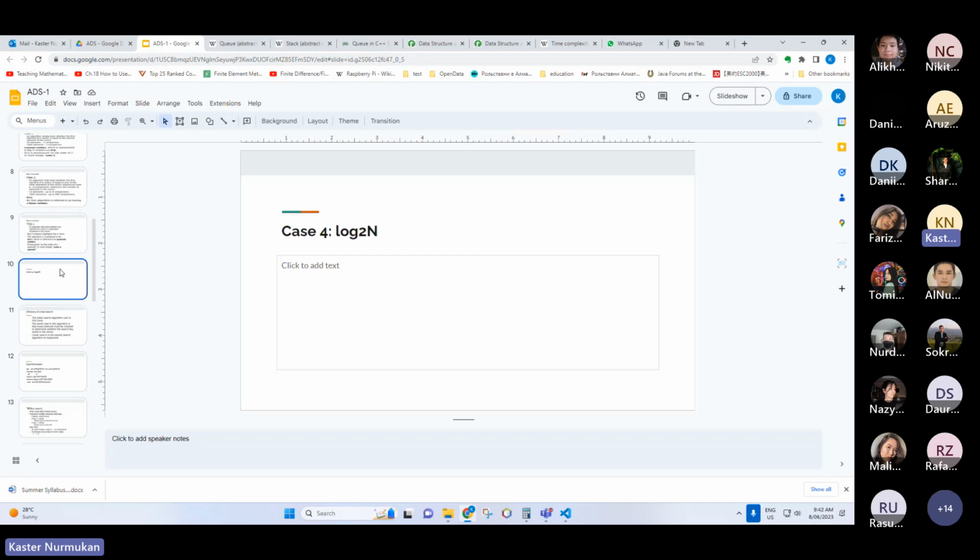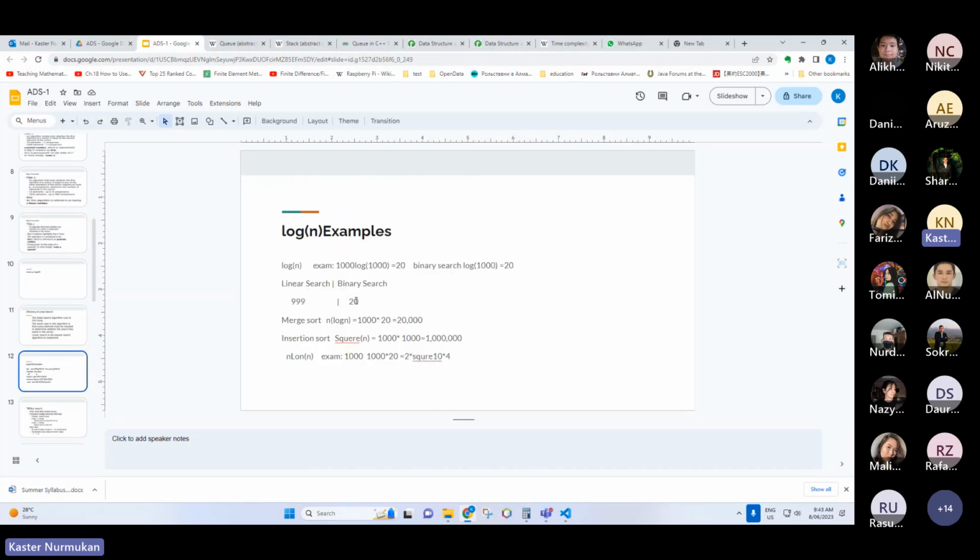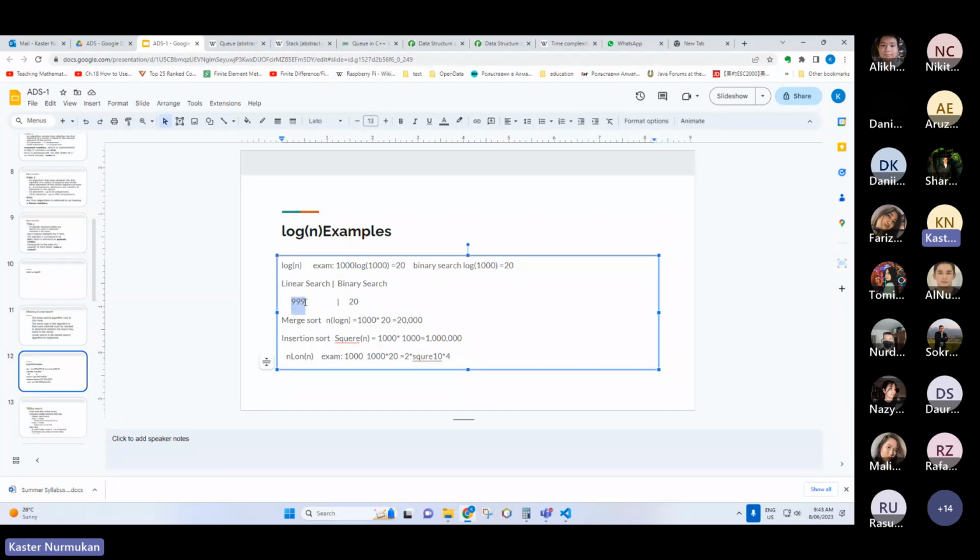The first case is log n, which is a little more efficient, better than linear time. Linear time depends on the size of the data structure, about n minus 1 steps, which is 99 if the size of the collection is 100.